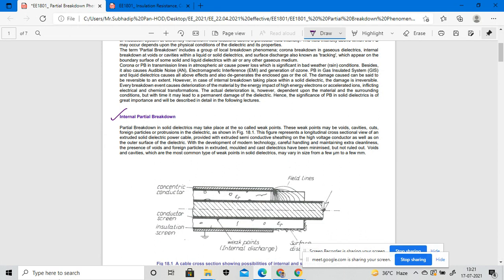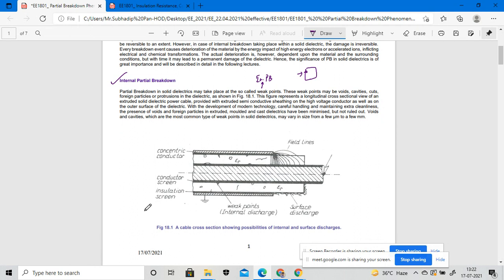Whenever a dielectric has a very weak point, from there the internal partial breakdown will take place. This weak point is either the voids, or the cavities, or the cut sections, that will be taken into consideration for the dielectrics as shown in this figure.